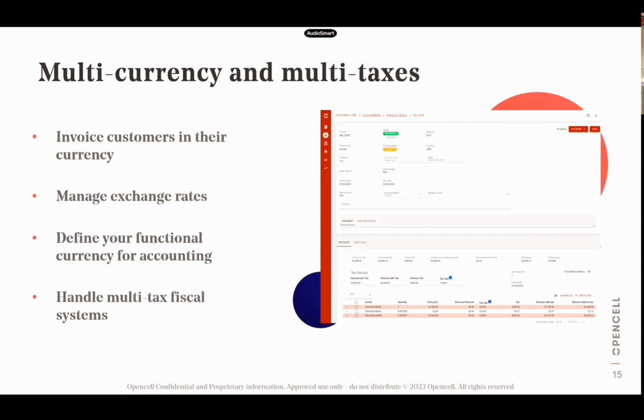And the third subject, multi-currency and multi-taxes. So that's a big evolution we've done for this version. There will be further evolution in version 14.2 and 15 regarding the catalog side. Today, within Opencell, you can invoice a customer in their currency, meaning we will, from the catalog, manage an exchange rate mechanism.